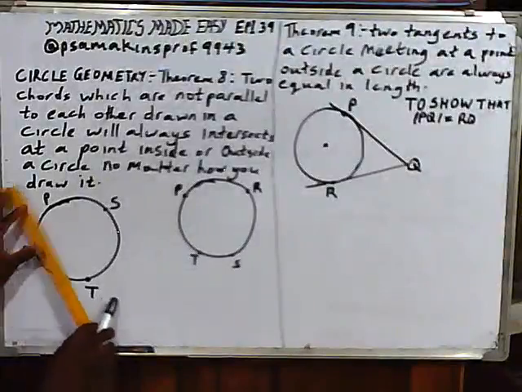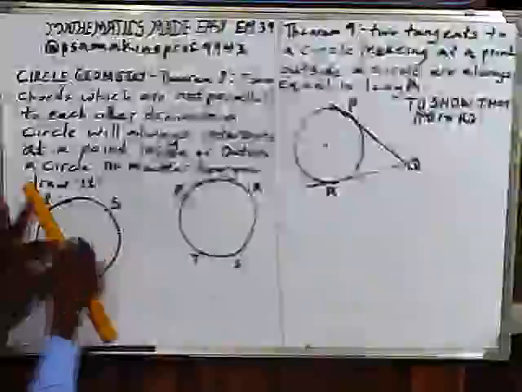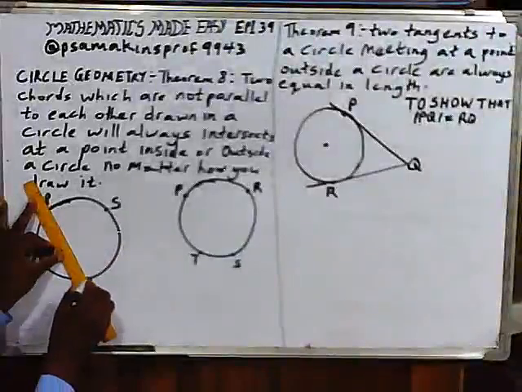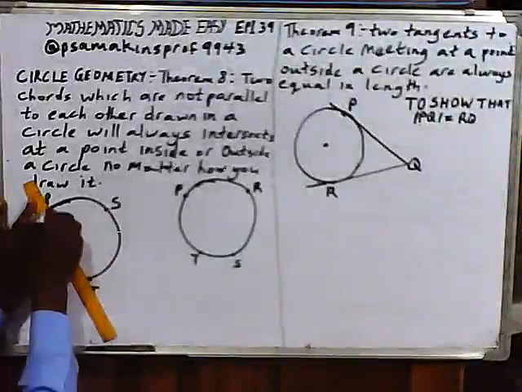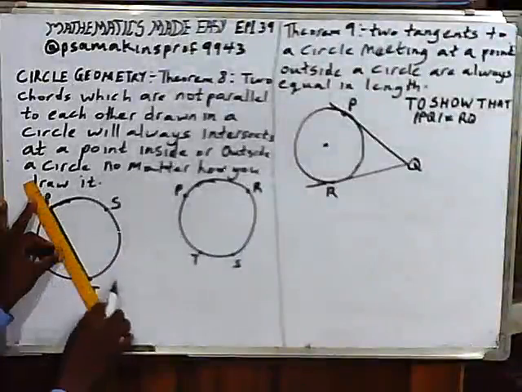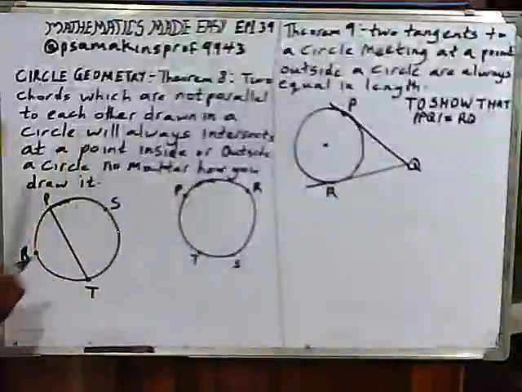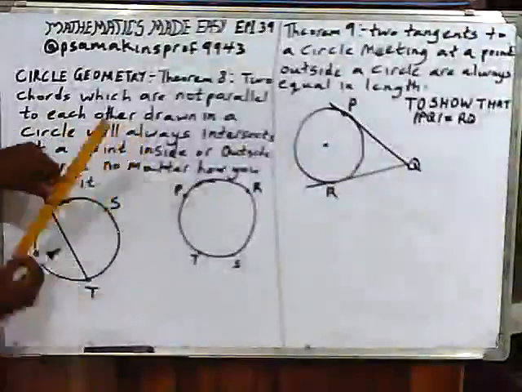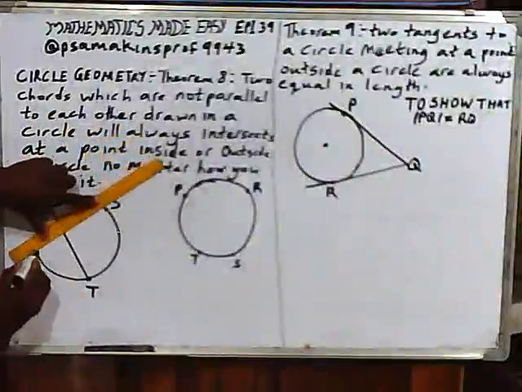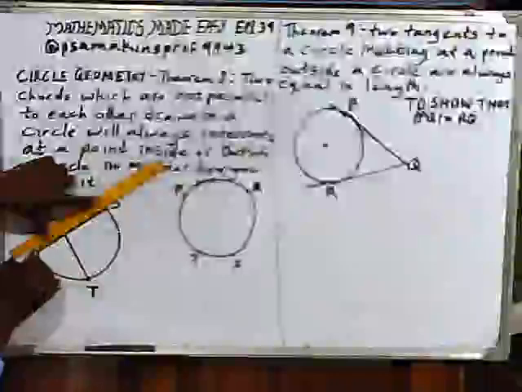If we have chord PT, by construction, which is not parallel to another chord, assuming we have this chord PT, now if we try to get another chord RS, no matter how we draw it, we always intersect at a point.